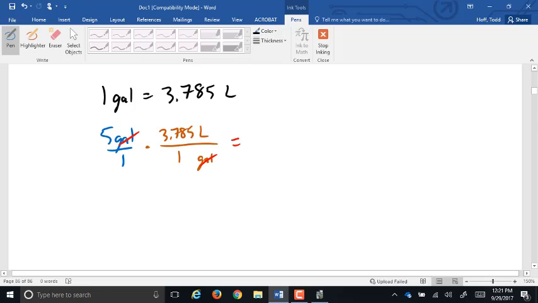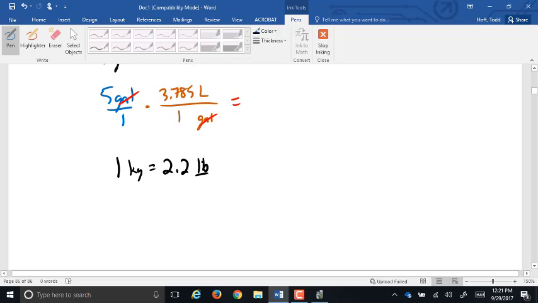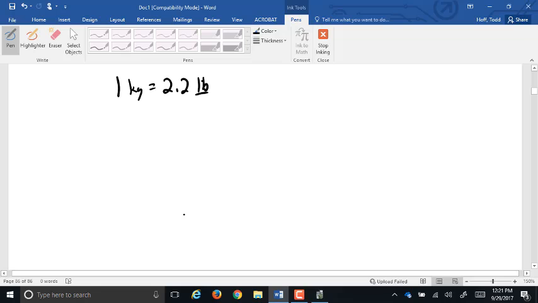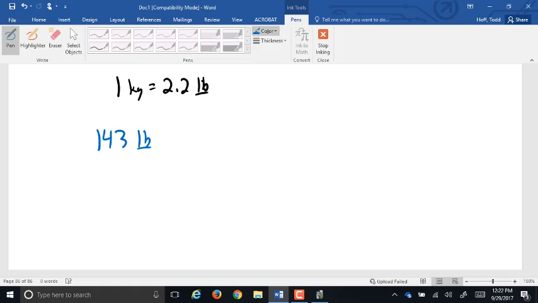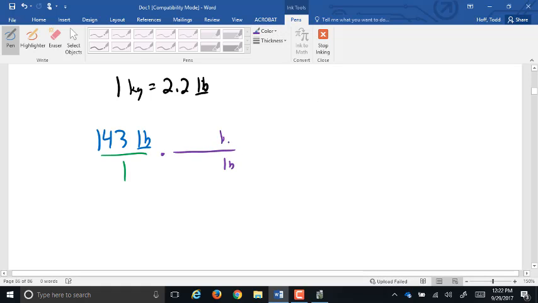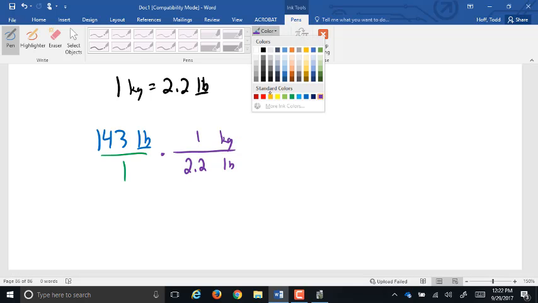If we want to do pounds to kilograms, 1 kilogram is approximately 2.2 pounds. Technically, it's 2.208 or somewhere in there, but we tend to use 2.2 in the medical fields. So if you have a patient who is 143 pounds, put them over 1, and our conversion factor, pounds are on bottom, kilograms on top. 1 kilogram is 2.2 pounds.